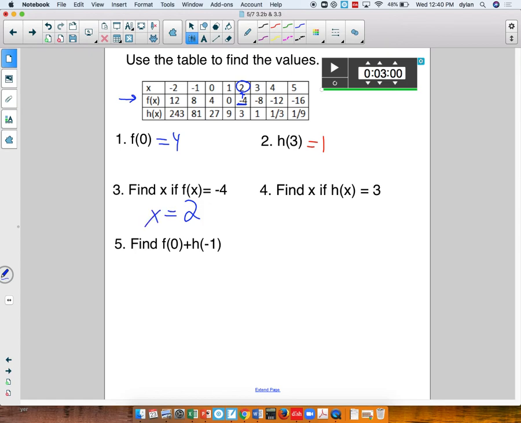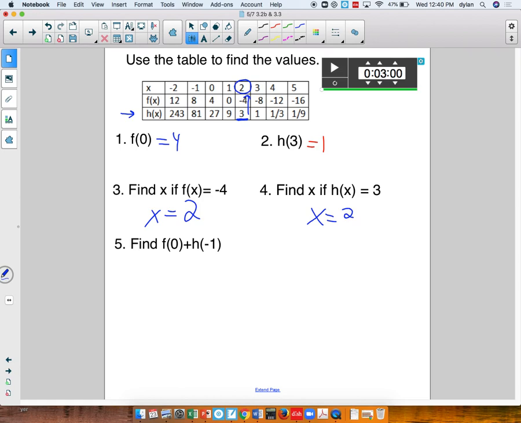X equals 2. Find x if h of x equals 3. I would do the same thing. So I would look at h of x, and then try to find the x value when h of x equals 3. So I'd come over to 3 and then go up to x, and I would find that in this case, x equals 2 again.